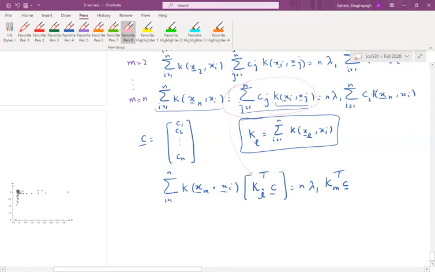And then because I have these cj's, they are going to create this vector c for me. And on this side also, I do have the k of my specific xm with all the xi's, and with the c's, I'm going to have this one, right?